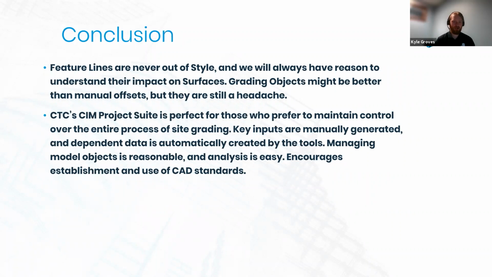You're going to be manually generating your key inputs, but that dependent data is automatically going to be created by the tools. The amount of effort to manage those model objects is reasonable, and your analysis is pretty easy with Earthwork Processor. Because they can be saved and loaded between drawings, it's going to encourage you and your users to establish and follow good CAD standards to take full advantage of these tools.